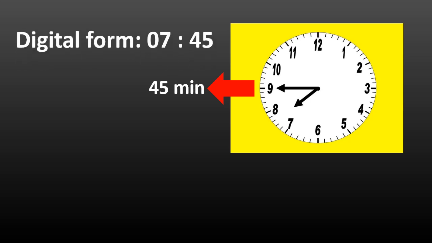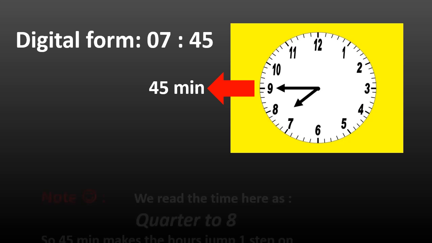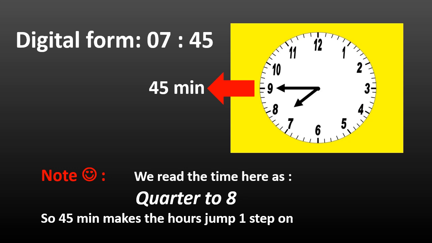Now I have to look at the short arm, which reads the hours. The short arm is between the 7 and the 8. So which number am I going to take now? I said before that when I say the word to, I have to take the next number. So I will choose the 8, which is the next number.